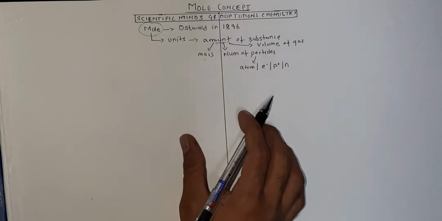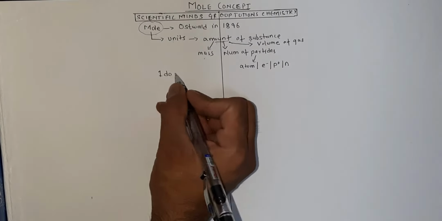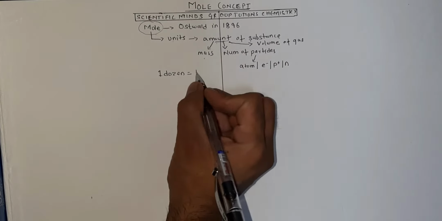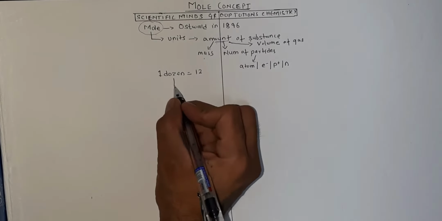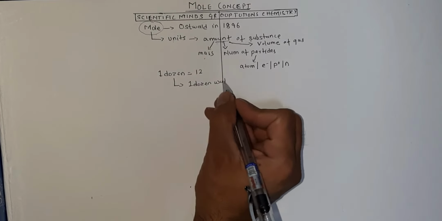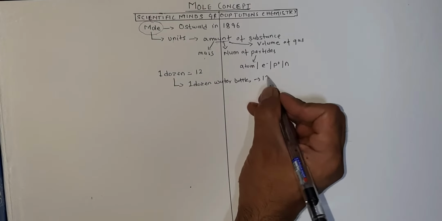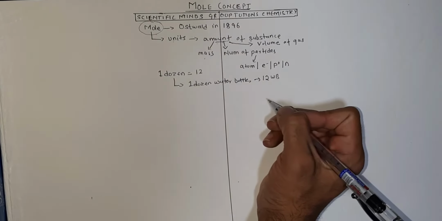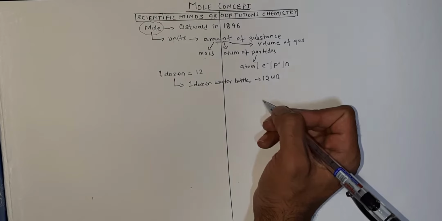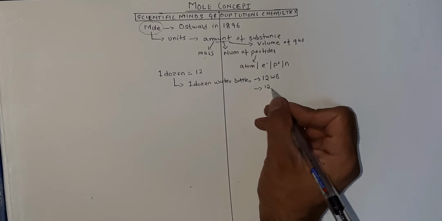Okay, let's simplify it. Have you heard about 1 dozen? 1 dozen means 12. So if I say 1 dozen of water bottles, it means 12 water bottles. Now if I say each water bottle is of 1 liter, you will say in total it contributes 12 liters.